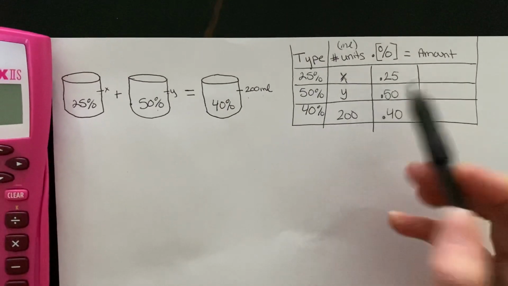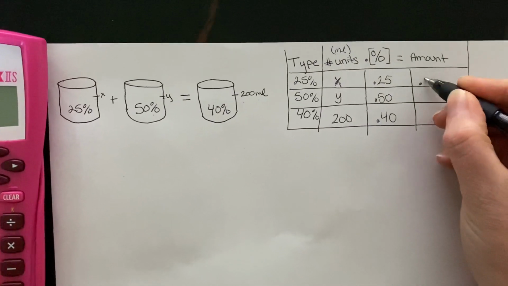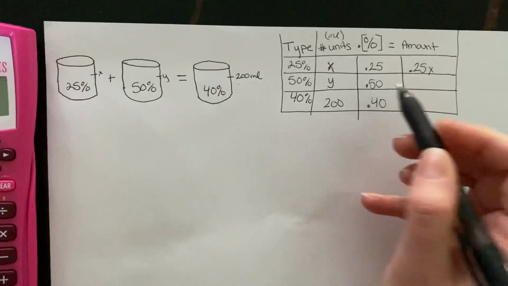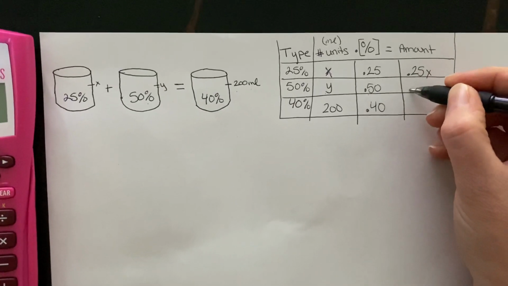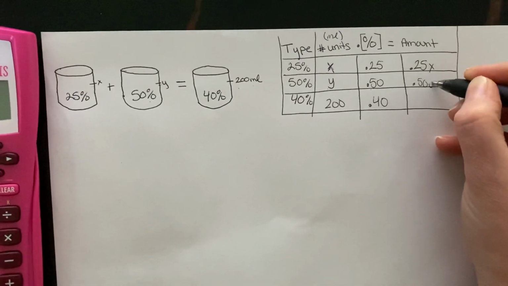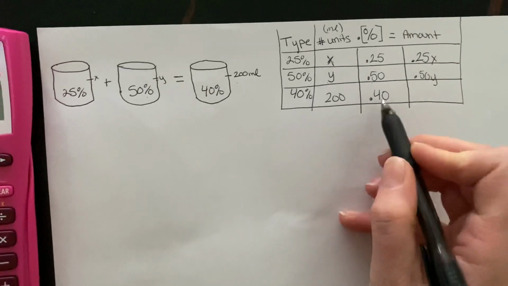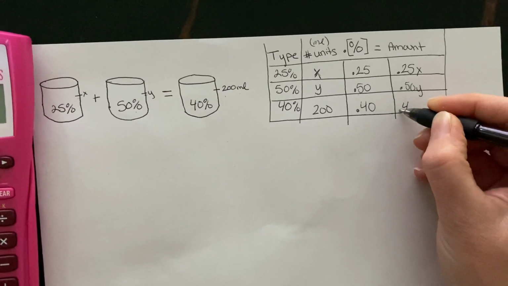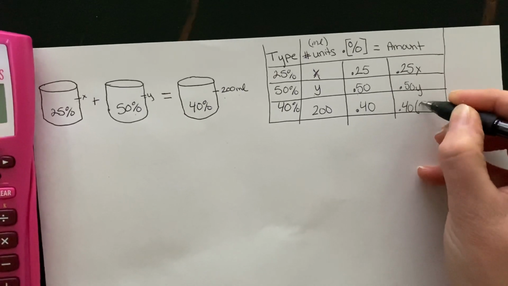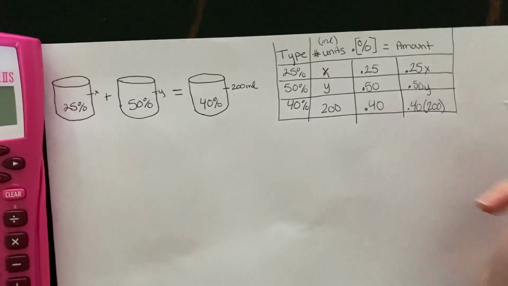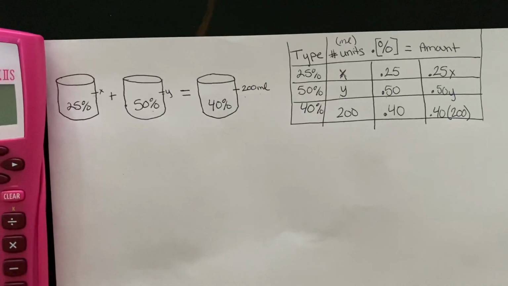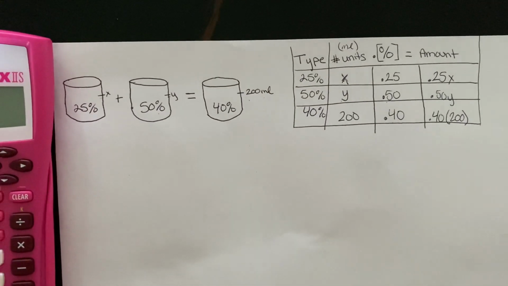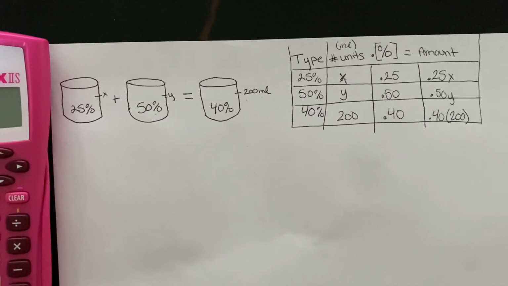So X times 0.25 is 0.25X, Y times 0.50 is 0.50Y, and 200 times 0.40, I'm going to write it this way, 0.40 times 200.